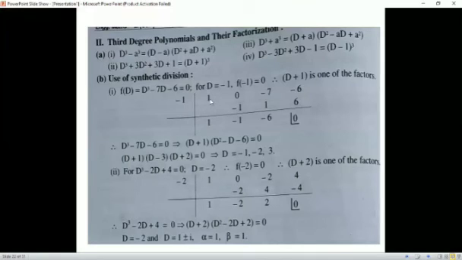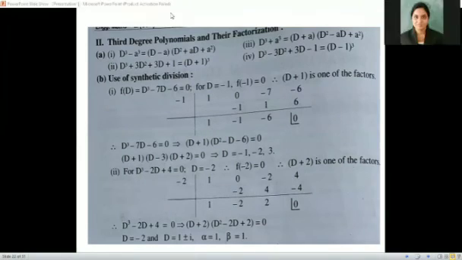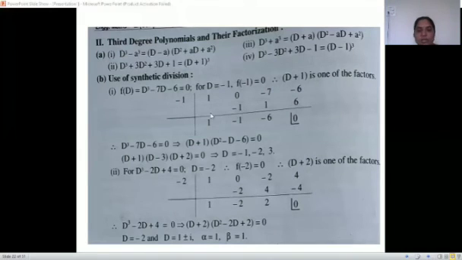What we do here is the first number as it is we have to write down below. Then this number into this number. Now we are trying for -1, okay? So this into this number -1 we have to write down here. Then we have to add these two numbers.